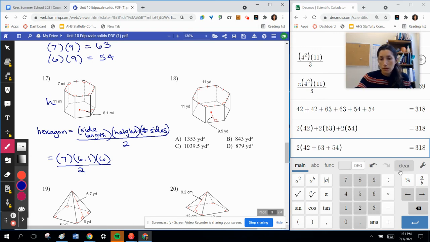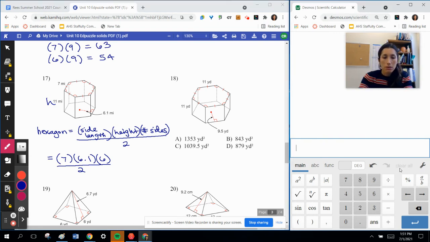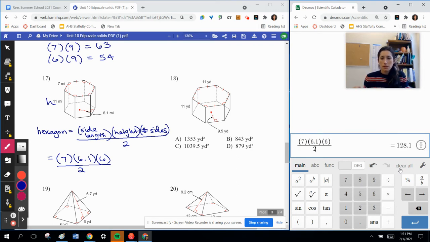Let's clear out this calculator and let's put in 7 times 6.1 times 6 divided by 2. This looks familiar. I think we had this exact hexagon, but in a, we're finding volume. So we have 128.1. That's the area for one hexagon base.